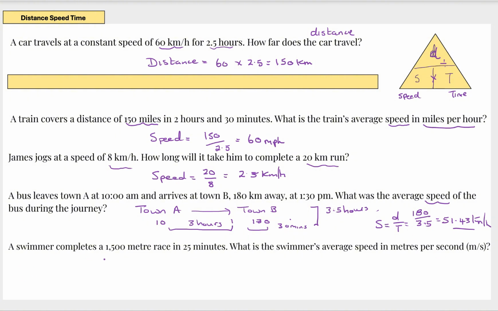A swimmer completes a 1,500 metre race in 25 minutes. What is the swimmer's average speed in metres per second? So a swimmer completes 1,500 metres. Right, so let's convert our 25 minutes into seconds.